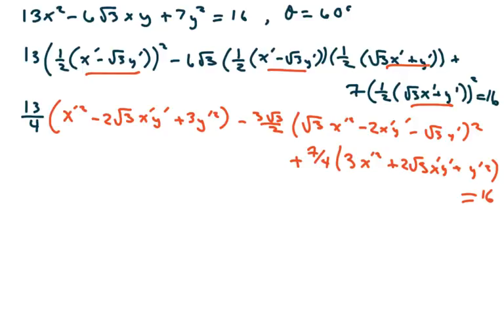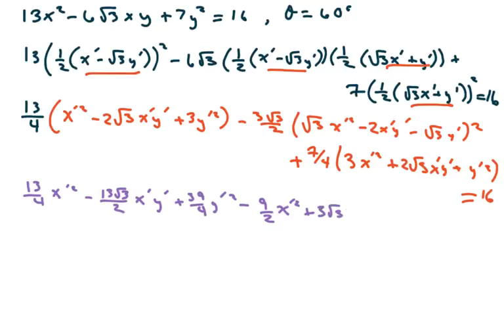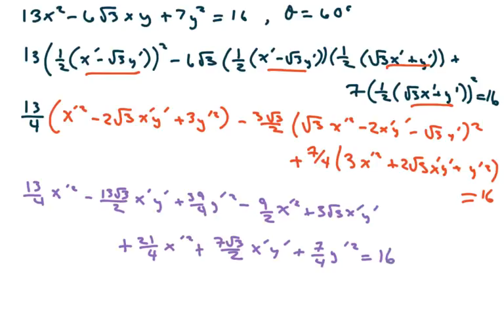Okay, so we have 13 over 4 x prime squared minus 13 square root of 3 over 2 x prime y prime plus 39 over 4 y prime squared, minus 9 halves x prime squared plus 3 square root of 3 x prime y prime, and I'm not getting it all in, so I'm going to scoot it down here, plus 21 over 4 x prime squared plus 7 square root of 3 over 2 x prime y prime plus 7 over 4 y prime squared equals 16. I hope I wrote all this down right.